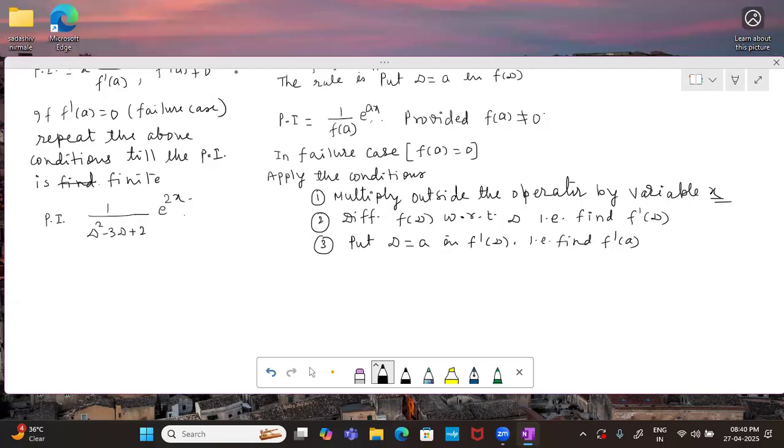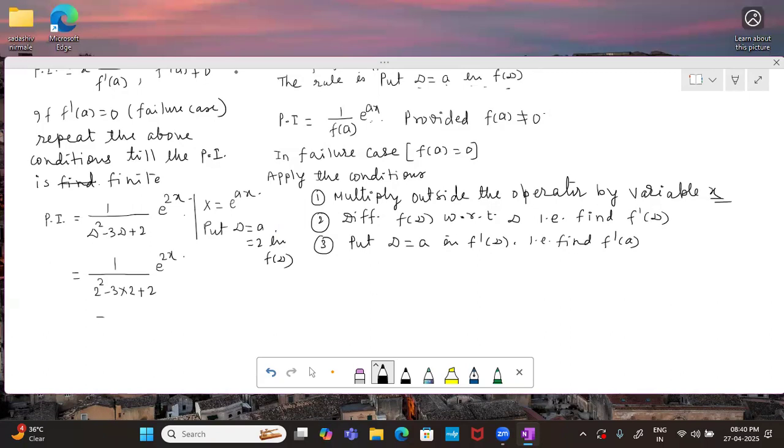The working rule is put D is equal to a in f of D. So here a is equal to 2; put D is equal to 2 in f of D. We will get 1 upon 2 square minus 3 into 2 plus 2, operating on e raised to 2x.